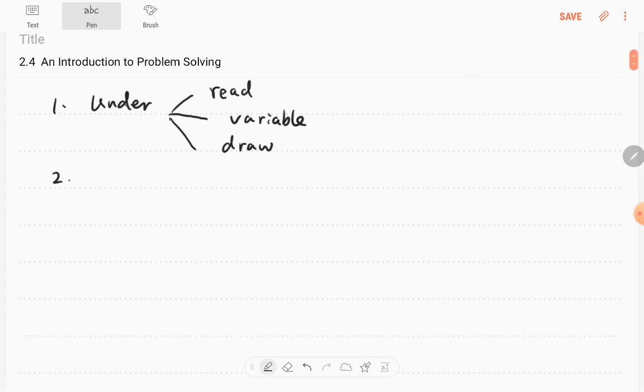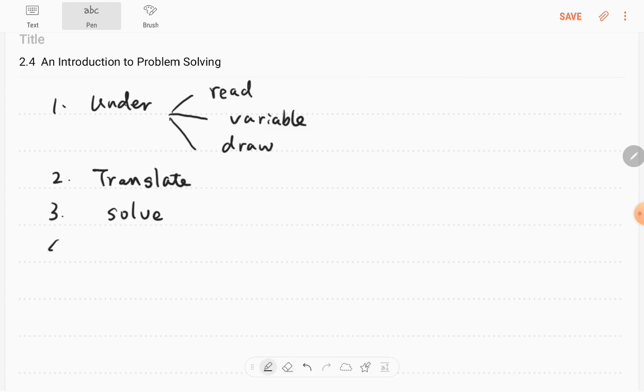The second step we should translate. We should translate the words to an equation. So which means the second step, we should list our equation, right? And then after that, step 3, we will solve the equation we have listed.